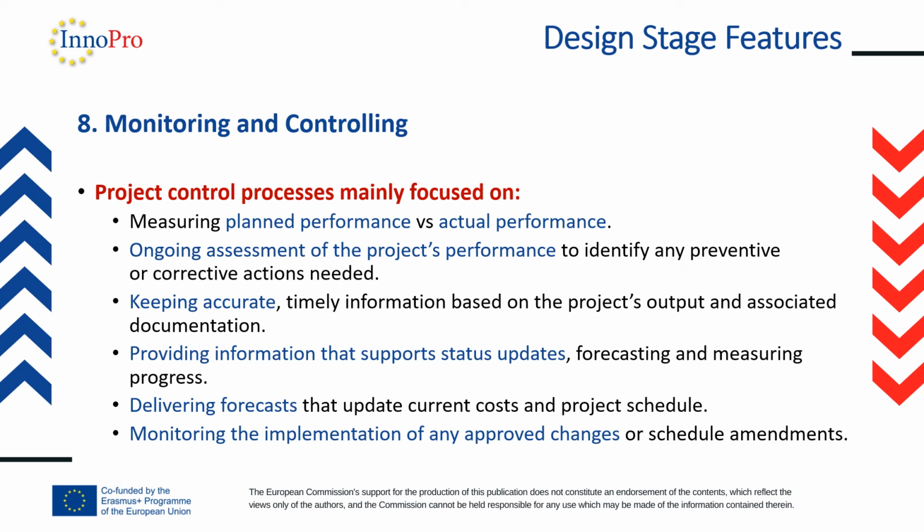So it's not individually planned from time to time, but it's an ongoing process. Also, it's necessary to focus on keeping accurate, timely information based on the project outputs and associated documentation. We need to provide information that supports status updates, so there is a very close connection with communication. And of course, it's also based on forecasting updates of the current costs and project schedules.